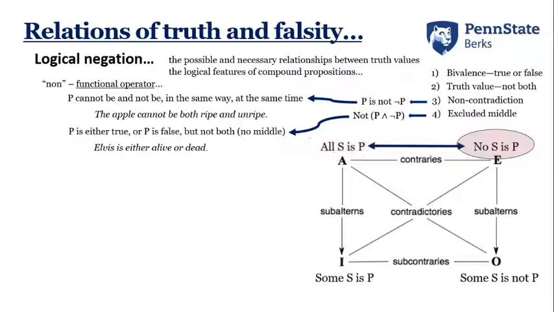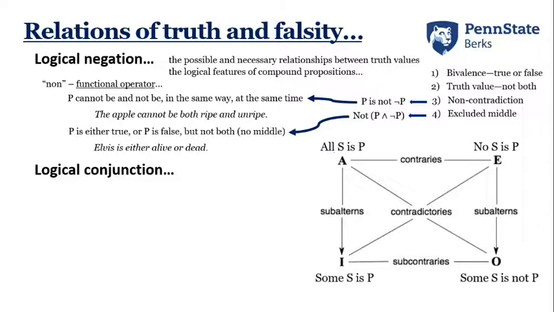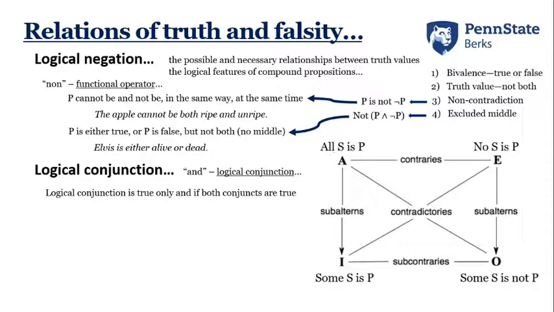What we're going to look at on this slide and then on the next are known as either conjunctions or disjunctions. A logical conjunction, rather than the non being placed in front of something, is the logical conjunction of and. So a logical conjunction is true if and only if both conjuncts are true. Now, this is, again, quite easy to put together.